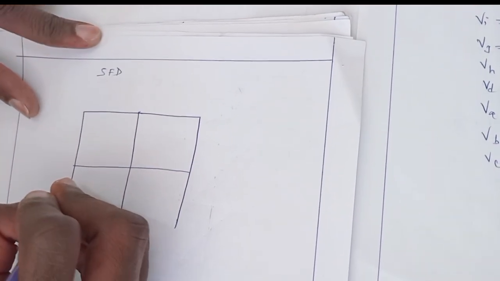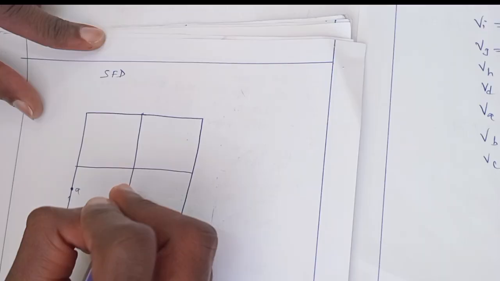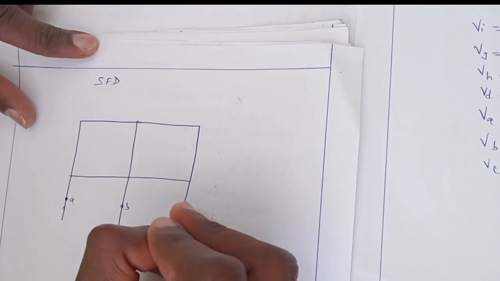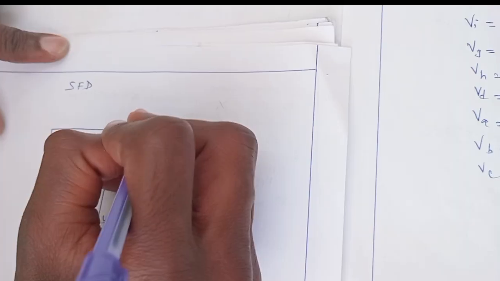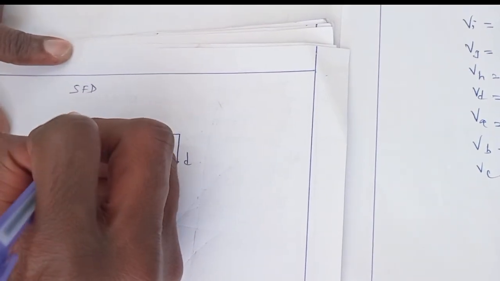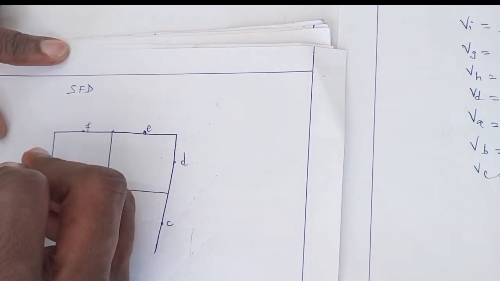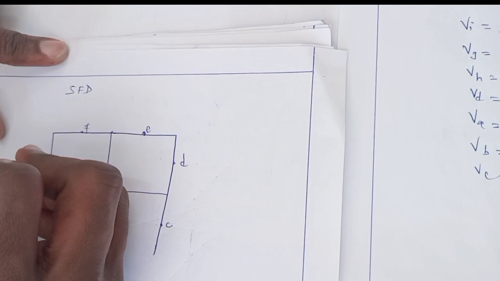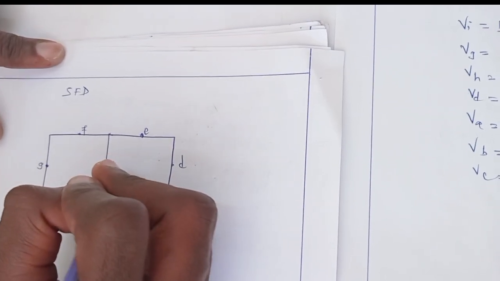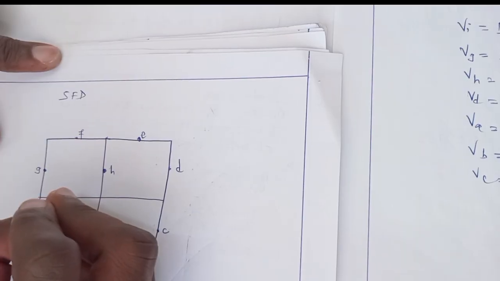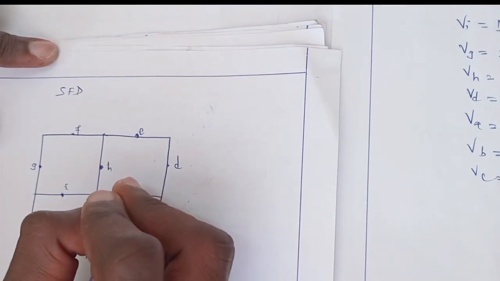Here we have joint point A, point B, point C, point D, point E, point F, imaginary ridge point G, imaginary ridge point H, point I, point J.